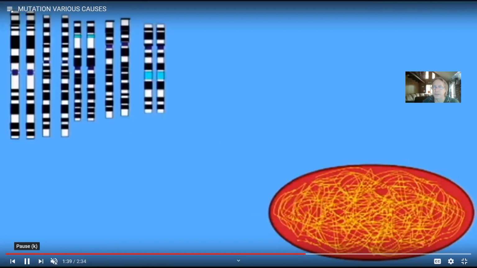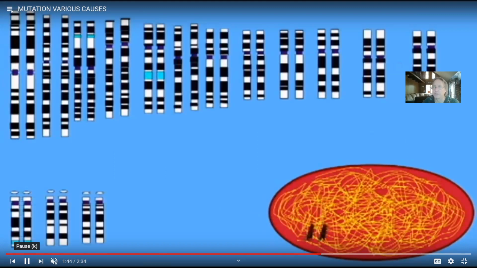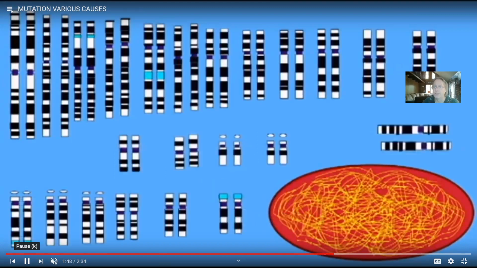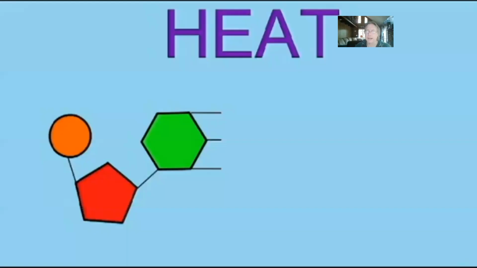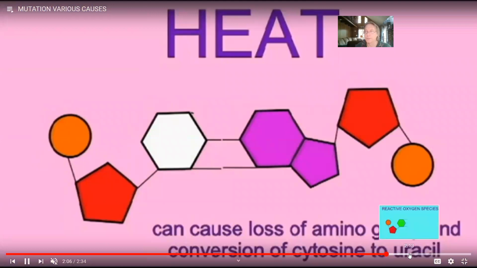Viruses can insert in the genome. So there are endogenous retroviruses, ERVs, that can insert themselves into a host DNA sequence and disrupt genes when they get there. Heat can cause bases to be lost and can cause the loss of amino groups, converting cytosine to uracil.